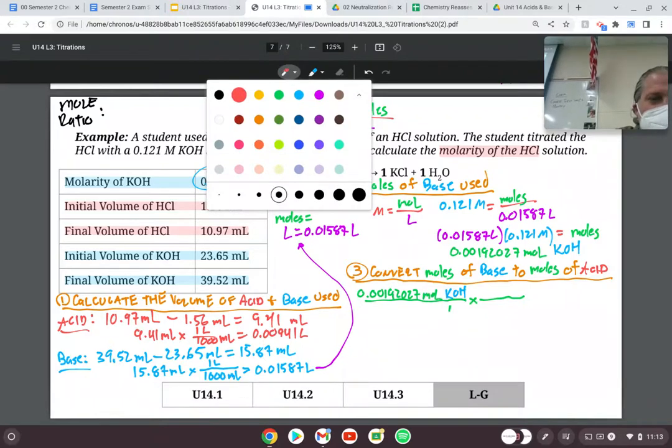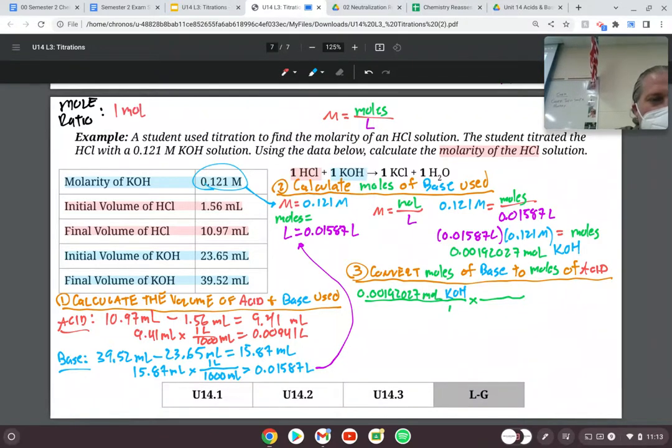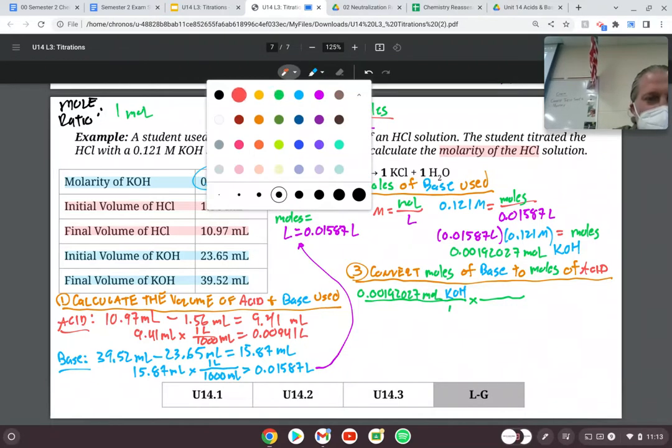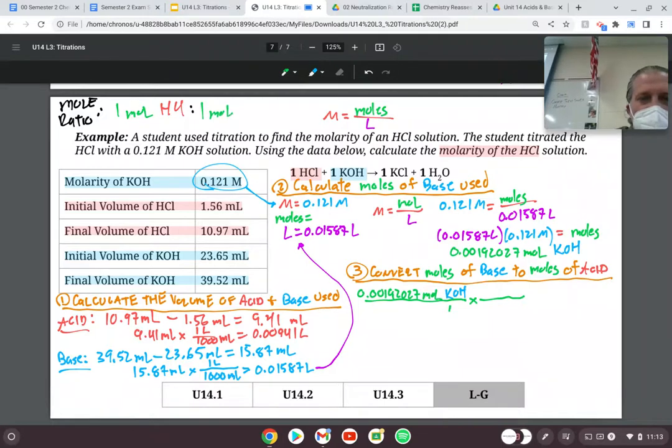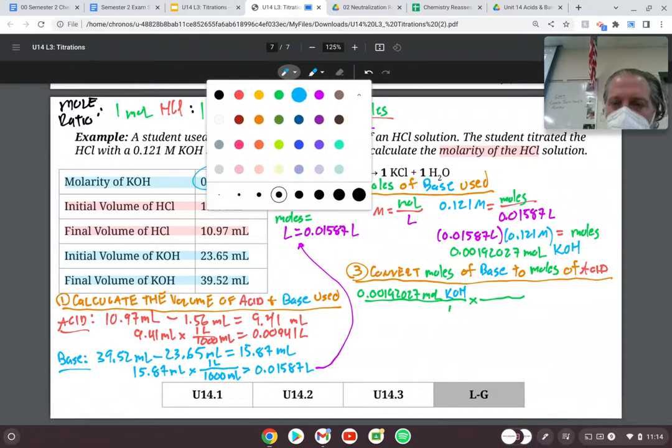I would say that it is 1 mole of acid, in this case HCl, for every 1 mole of base, in this case KOH. So when I go to fill this in to my equation, I'm going to set this up so moles of KOH cancel out.